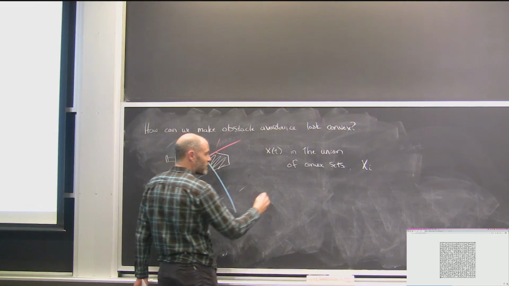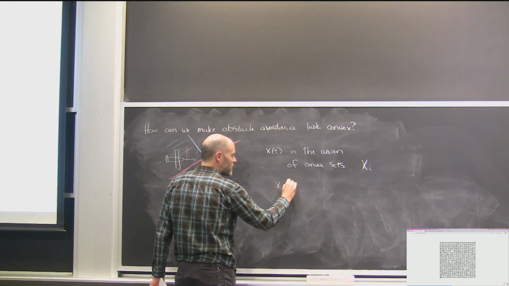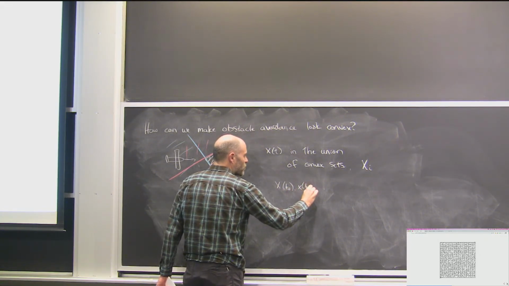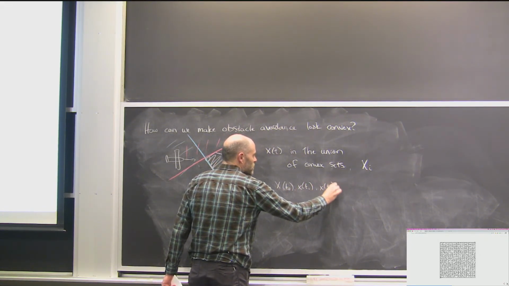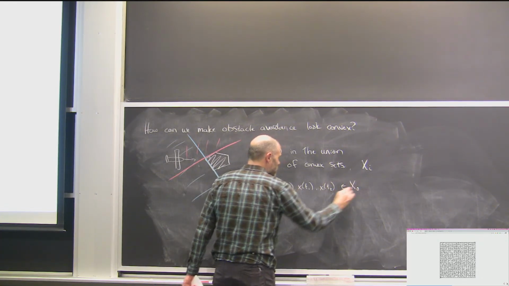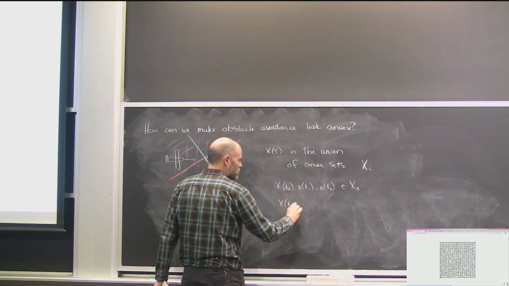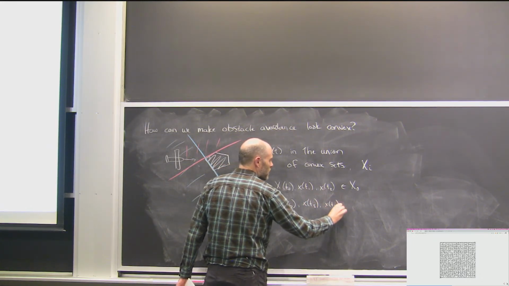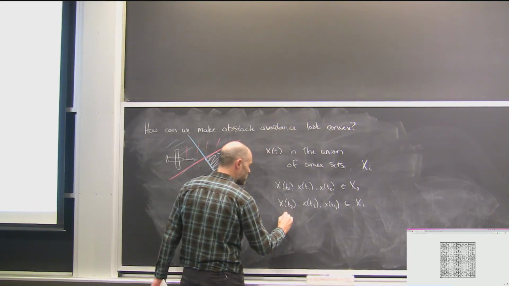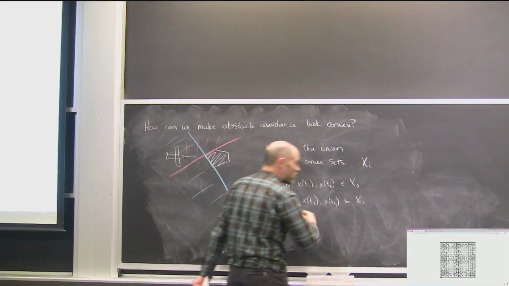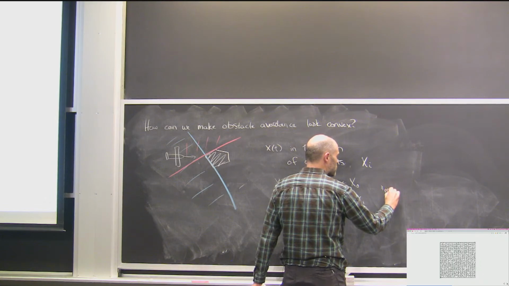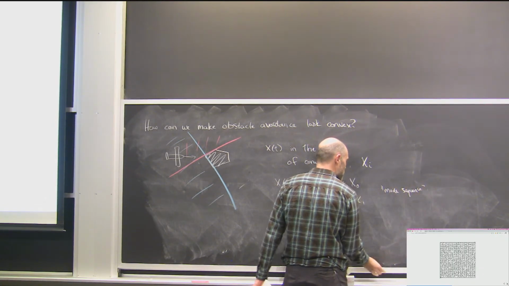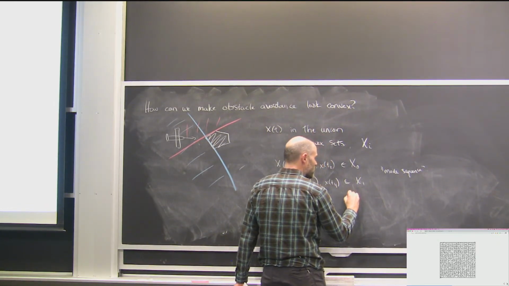Just like we did with our hybrid trajectory optimization, if you were to say x at time 0, x at time 1, x at time 2, are all in x0, and then x at time 2, x at time 3, I'm going to say all of these are in x1, and so on. This is sort of like having a mode sequence. Then this problem is convex.